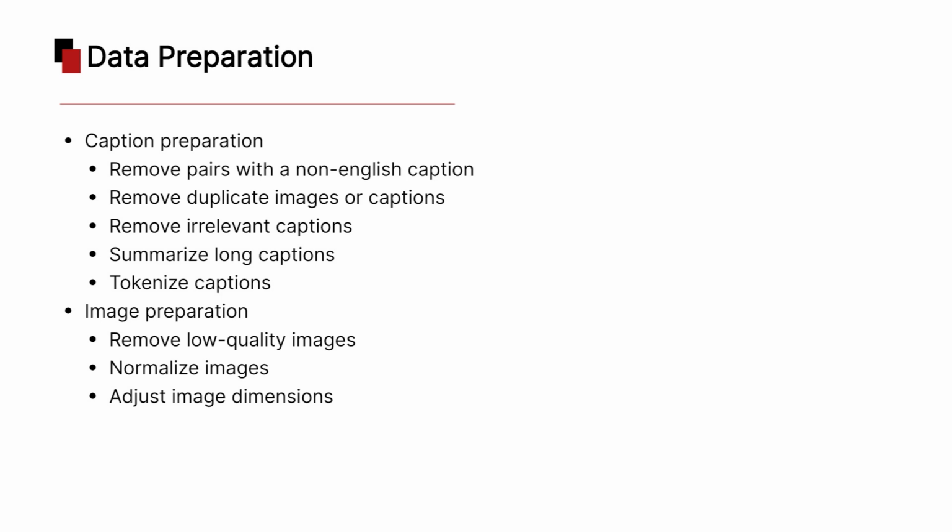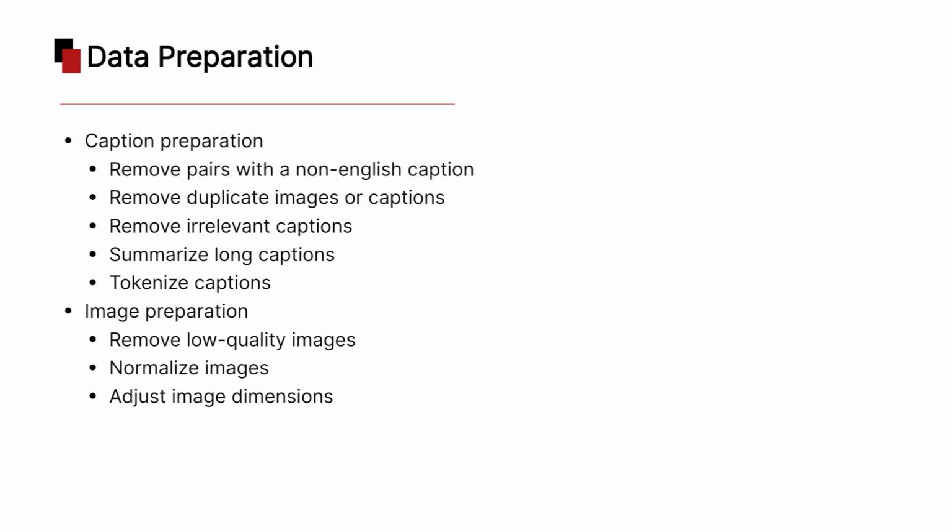Captions that are irrelevant to the image content are filtered out to ensure the data quality. For captions that are excessively long or overly detailed, we summarize or shorten them to keep the model focused on the main descriptive elements. Finally, the captions are tokenized, breaking down sentences into smaller units like words or subwords, which converts the text into a format the model can understand.